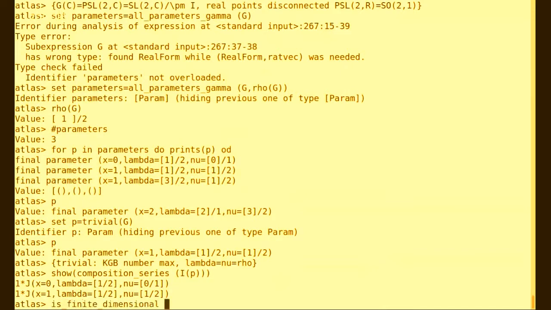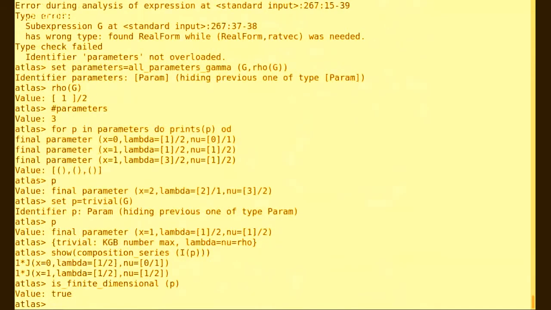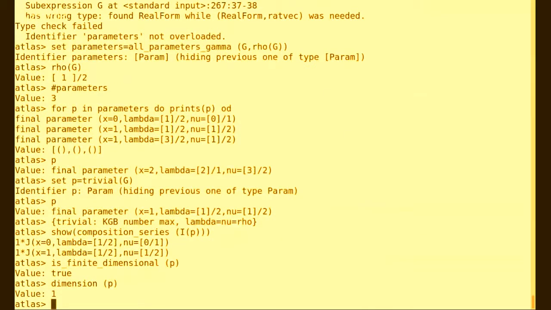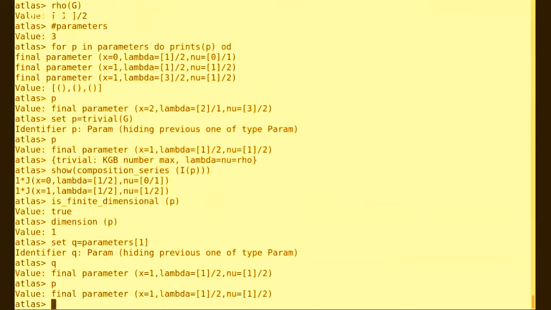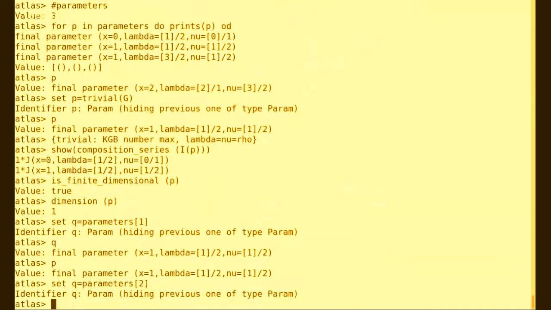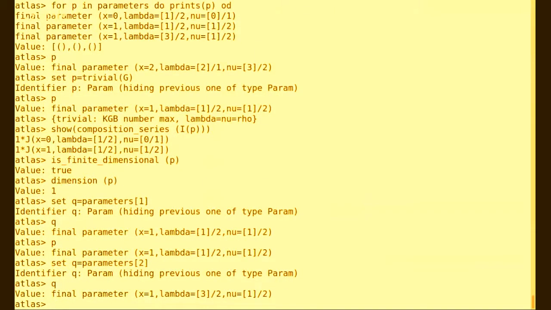So I believe you can ask whether the irreducible defined by this parameter P is finite dimensional, and in fact it's one dimensional. Let's set Q to be the second element of the parameters.